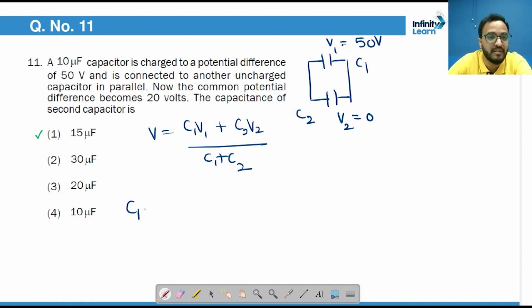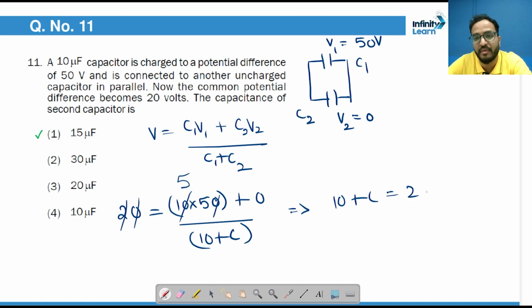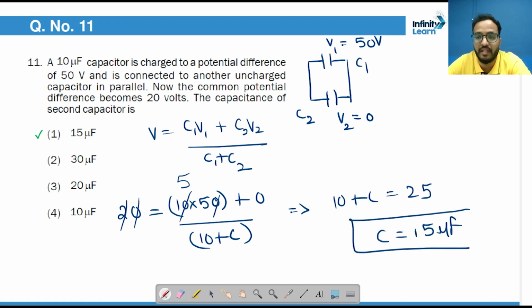So what is V? C1 V1 plus C2 V2 upon C1 plus C2. So common potential is 20. It is 10 into 50 plus 0 upon 10 plus C. So 10 plus C will be 25. So what is C? 15 microfarad. Got it? Any doubt?